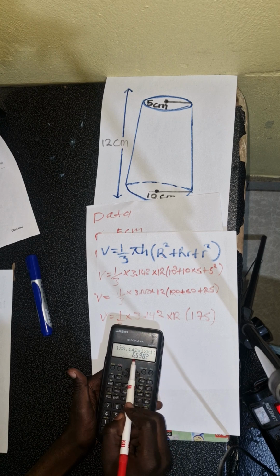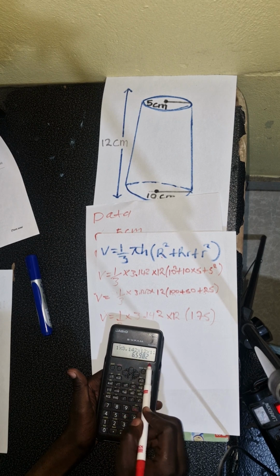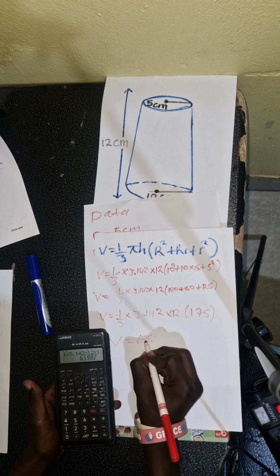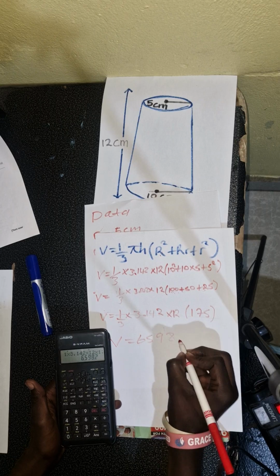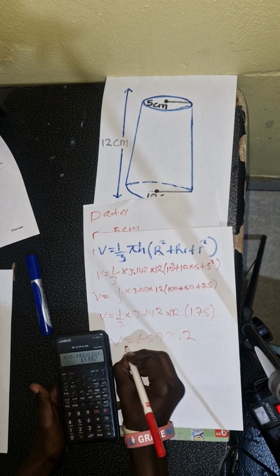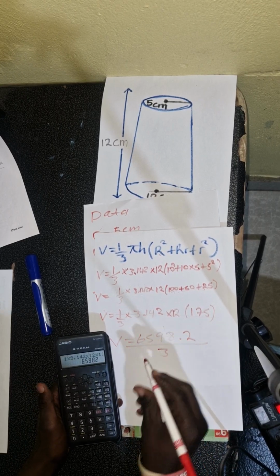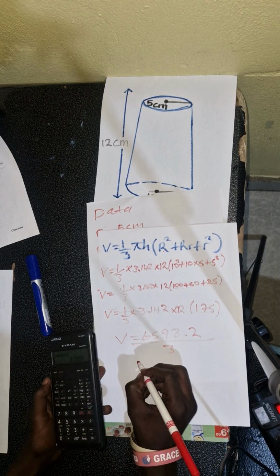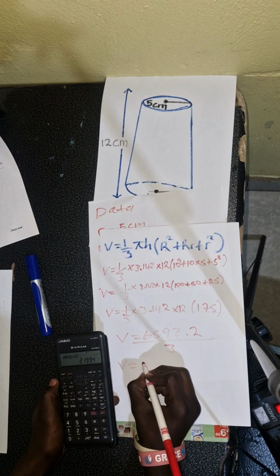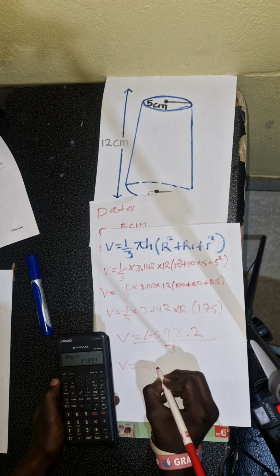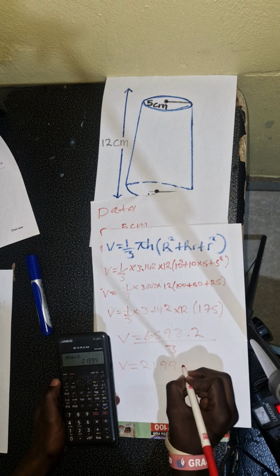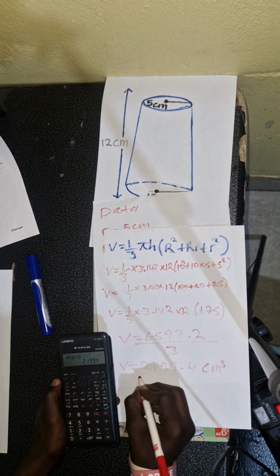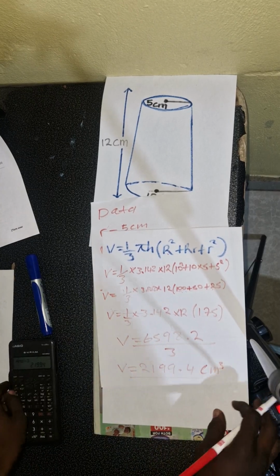If I multiply everything together on my calculator, I am getting 6,598.2. So volume is equal to 6,598.2 divided by 3. I'm getting 21,199.4 cubic centimeters. This is my volume for the cone.